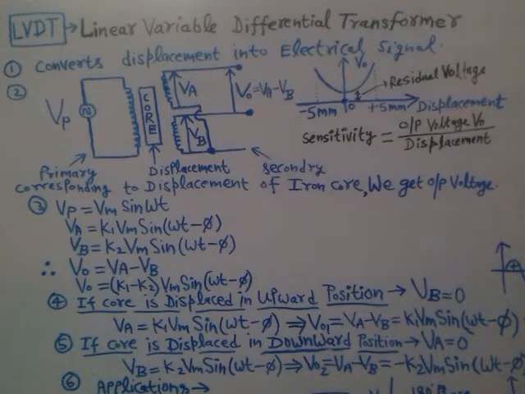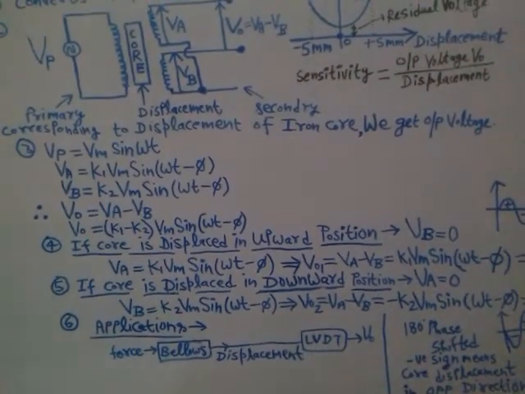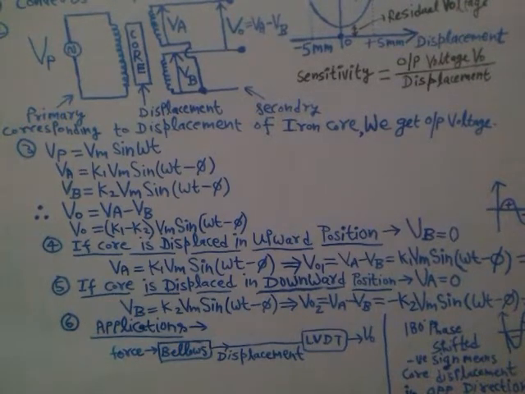Now, what are the applications? Like I said, the LVDT converts displacement into an electrical signal in the form of voltage, right? So it is used for the measurement of displacement.